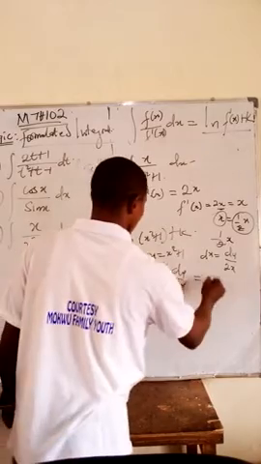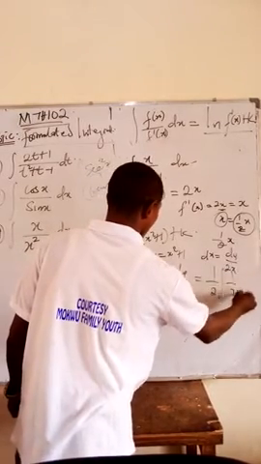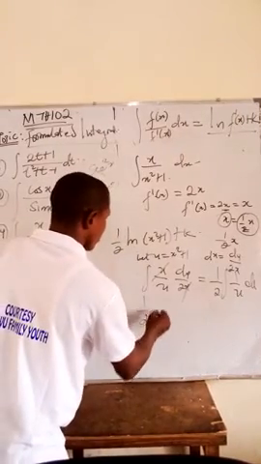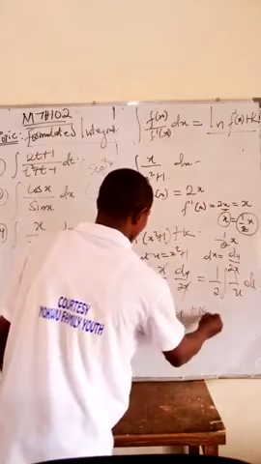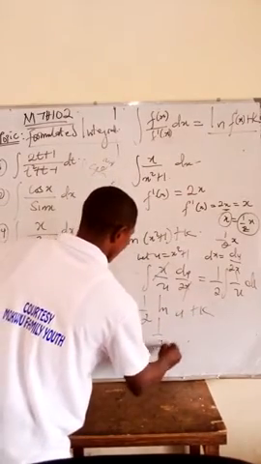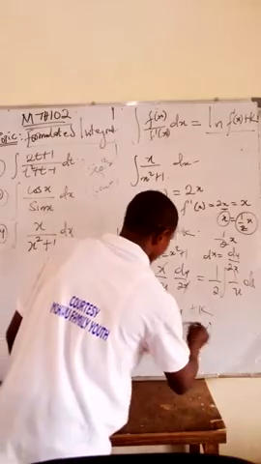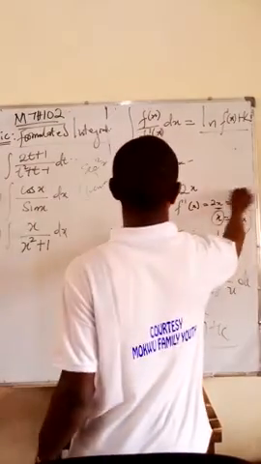We have 1 over 2 integral of 1 over u du. So this becomes one half ln u plus k. What is my u? My u is x squared plus 1. So we have one half ln of x squared plus 1 plus k. Please take note of this.